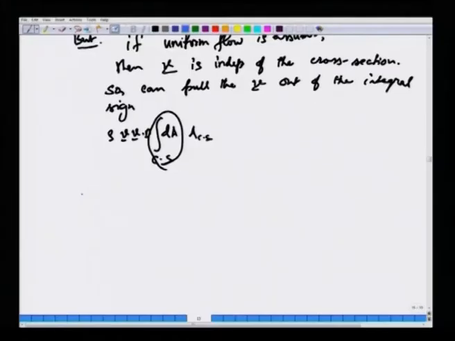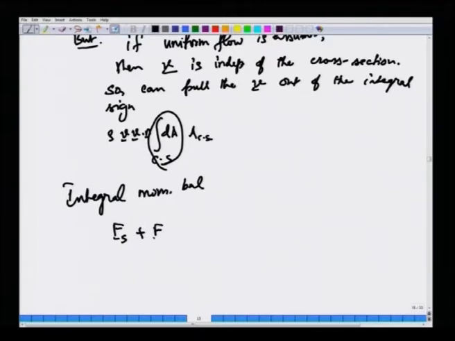So, in this example we will assume the flow to be uniform. When the flow is uniform, when you use the integral momentum balance, F s plus F b is the summation over all the cross sections of v rho v dot n times A. Okay.